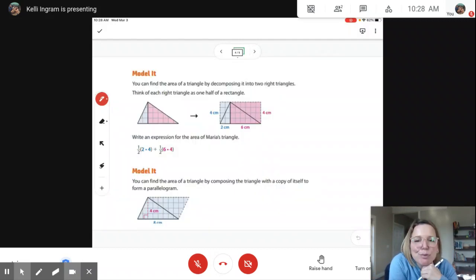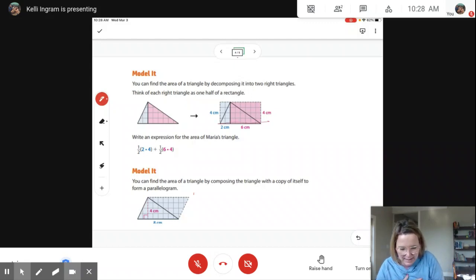Just in case you need me to prove it to you, here's what that would look like, right? I could have drawn the rest of the rectangle around both of those. I could have split those into 2 rectangles and then had half of each. I could also show you down below that I could create a parallelogram, but basically the important thing is the area of a triangle is going to be half of the base times the height.